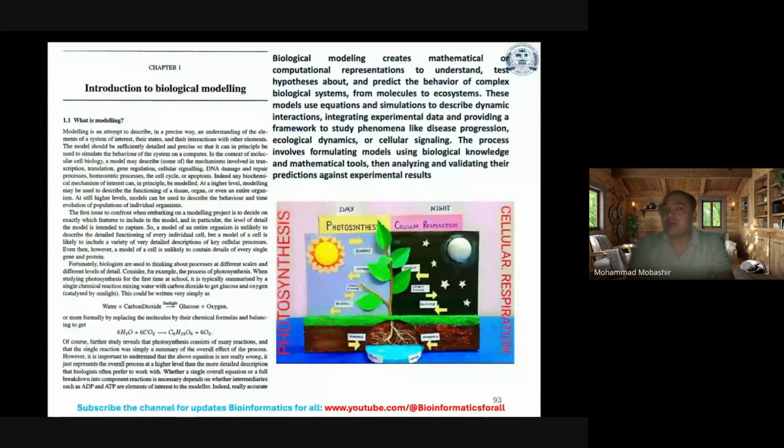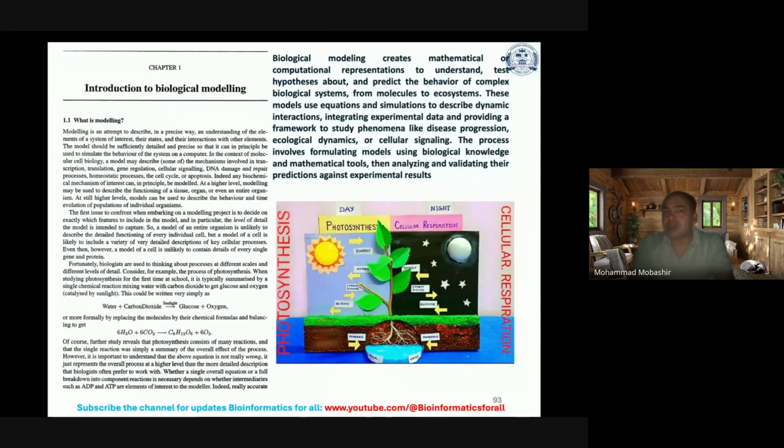Biological modeling creates mathematical or computational approaches to understand or test hypotheses about, and to predict, the behavior of complex biological systems, from molecules to the entire ecosystem.